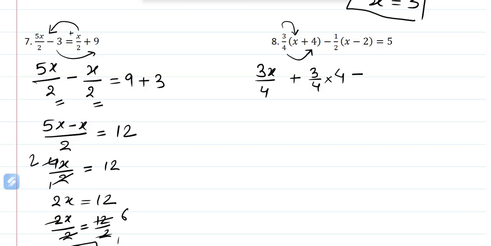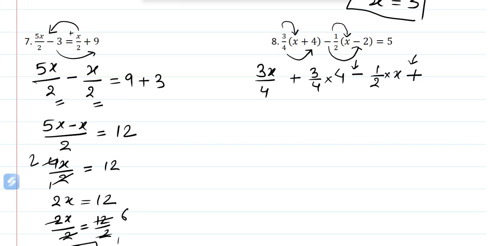When there is a negative sign, 1 divided by 2, you can simply write x and this sign changes. When you multiply, because this is a plus x, the sign remains the same, minus, but because this is minus and minus, the sign changes to plus.